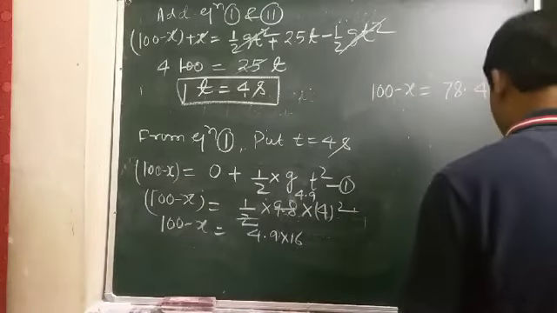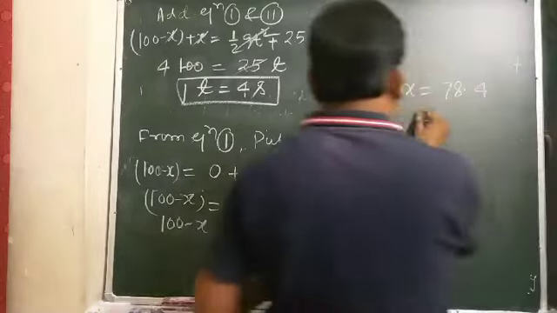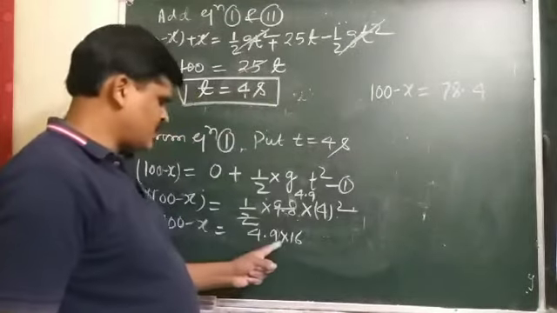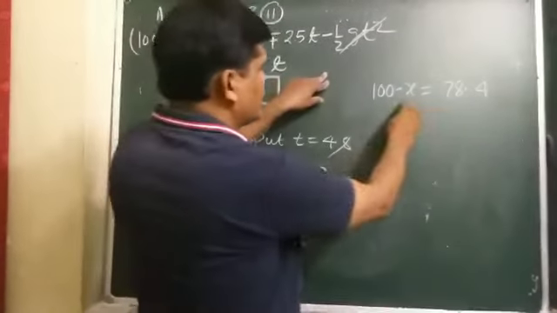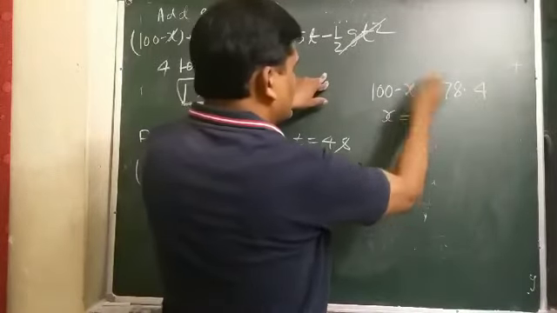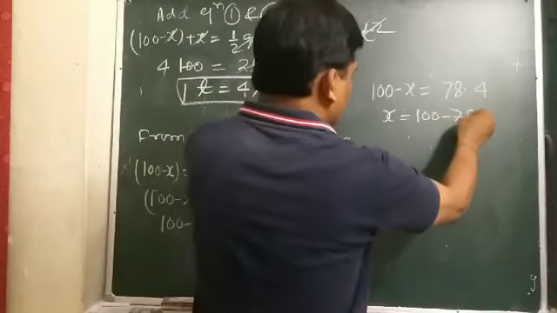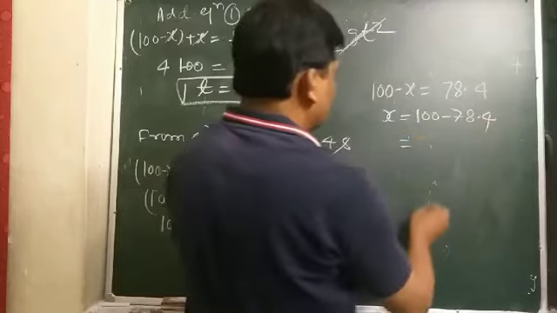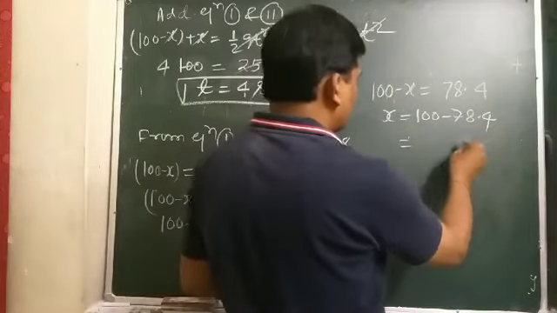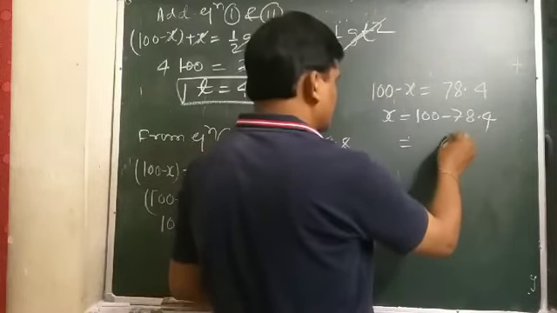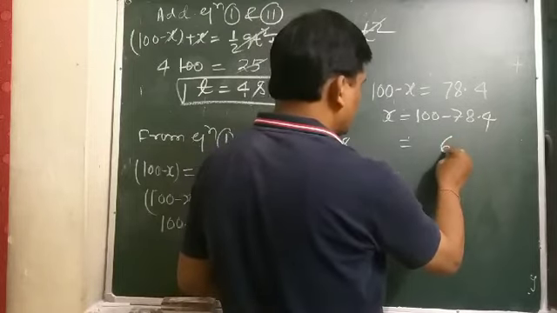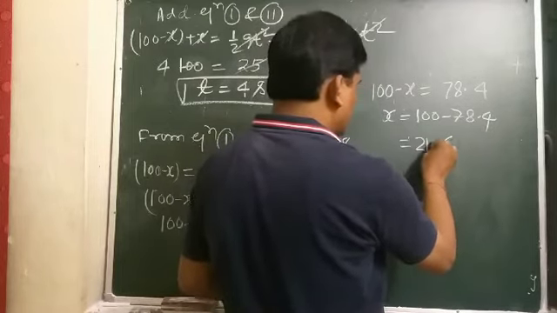The multiplication of 4.9 into 16 is 78.4. Moving x to the right side, it comes to 100 minus 78.4, which is 21.6.